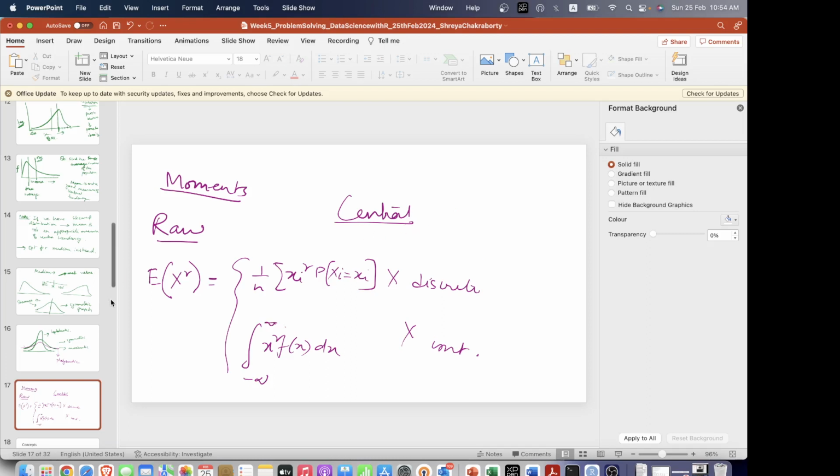So what are central moments? Central moments are the expectation of (x minus a) to the power r, where a is usually the mean. So this would be the mean deviation raised to the power r and the expectation of that, and then this thing would become g(x) and the expectation of g(x) formula would follow.